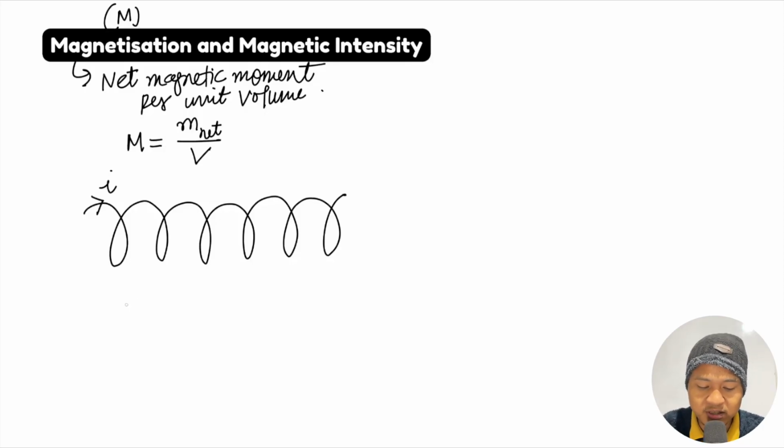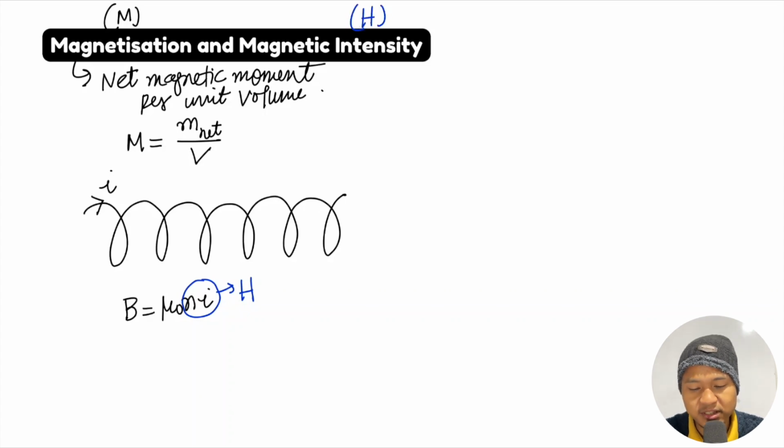We know that B is equal to mu naught into N into I. Here I'm going to replace N into I with a letter H. H becomes the magnetic intensity, due to the current in the solenoid. So B equals mu naught into H.